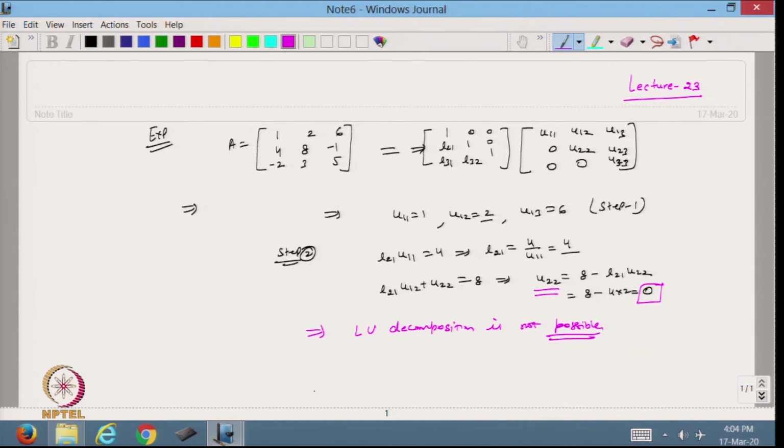And if you look at the matrix A, you can see that it is not diagonally dominant.